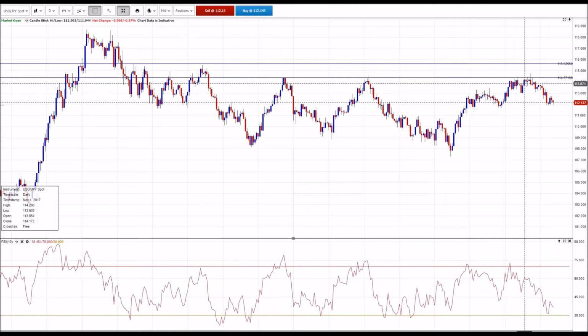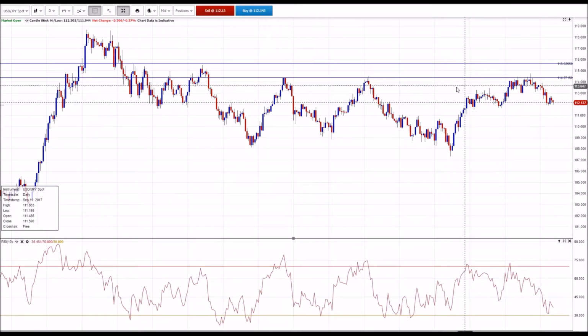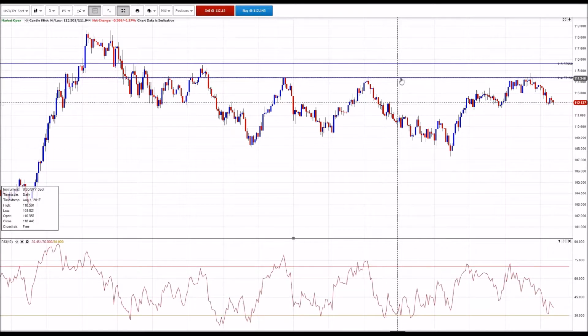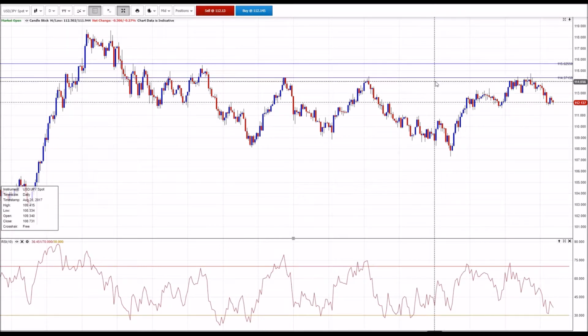The last week of October and first couple of weeks of November, once again, 114.40 to 115.60 has proved to be too big a barrier. So any rallies up to these obstacles look like a selling opportunity, and it's taken a while to happen, but it has started to roll over.